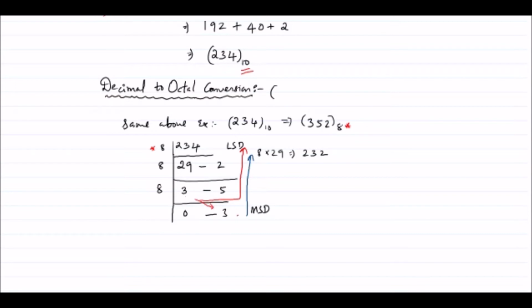The most significant digit is 3 and the least significant digit is 2. So the octal value is 352, since we divided by 8, and 8 is the radix value here.